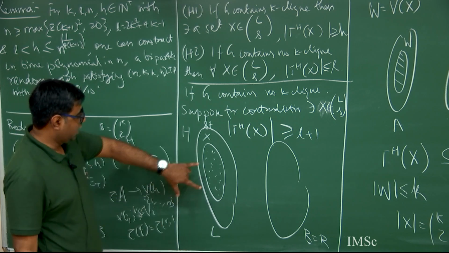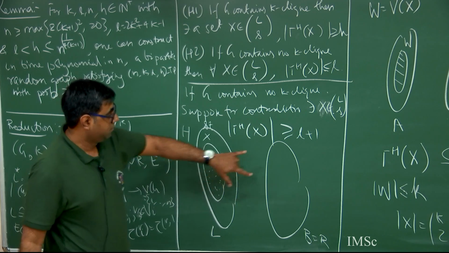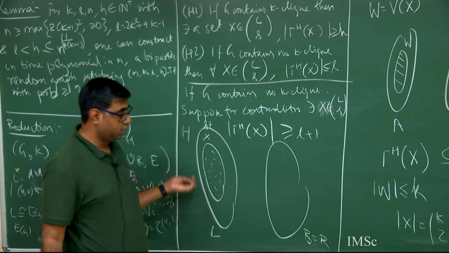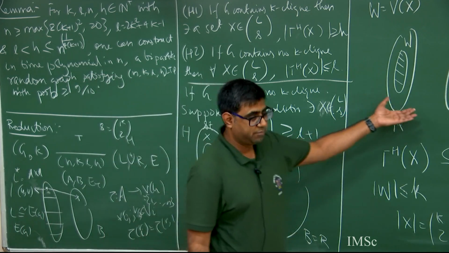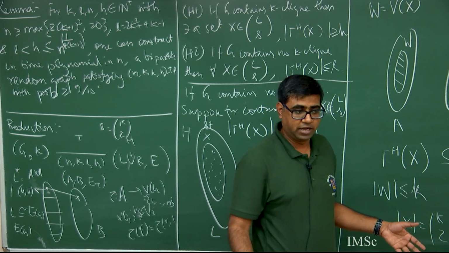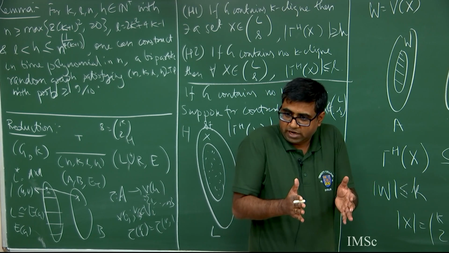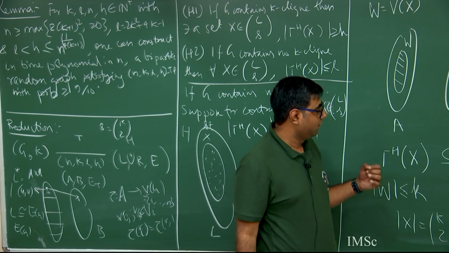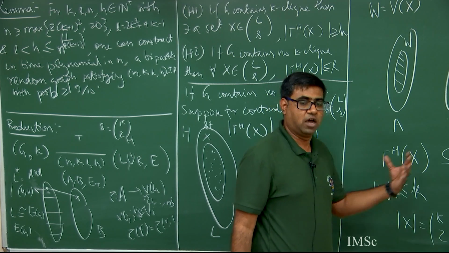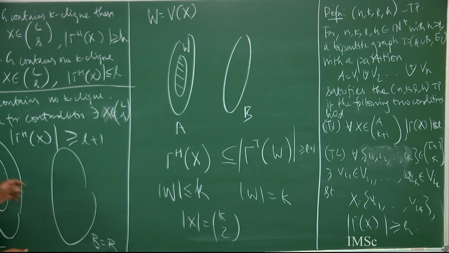So I start, for a contradiction, with an X of size K choose 2 with neighborhood L plus 1. I look at the vertices involved in this, I go back to my threshold graph and I say, since the common intersection is larger than my threshold, the set size cannot be more than K. If it is strictly less than K, then the size of X cannot be equal to K choose 2.